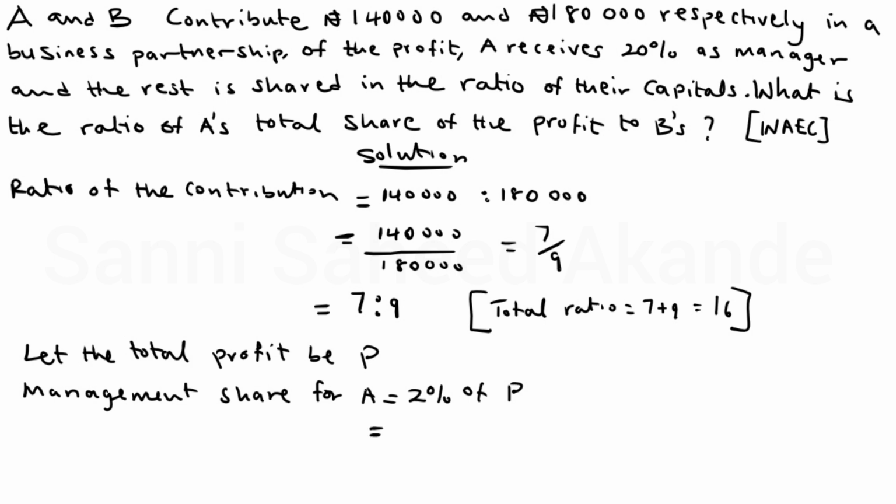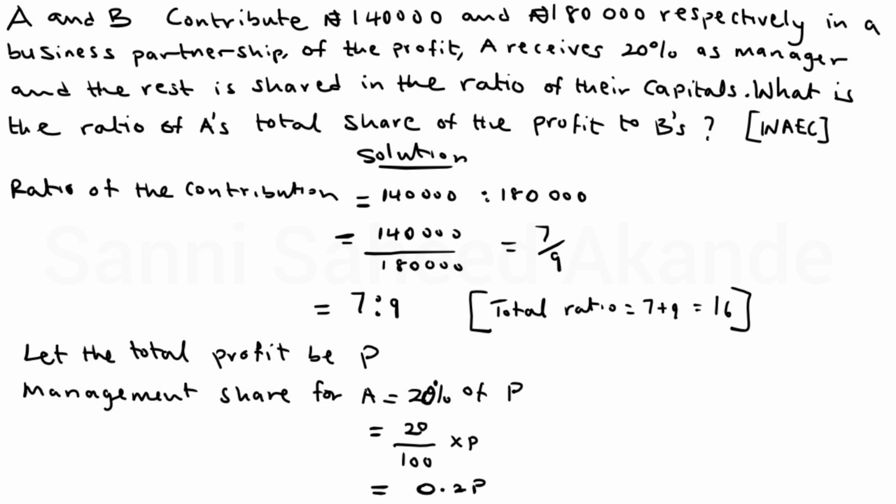We have 20%, not 2%. 20% means 20 divided by 100 times P. When you solve this further, you are going to have 0.2P. This is the management share for A. Now let's continue on the other page.